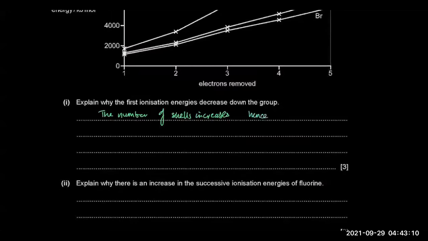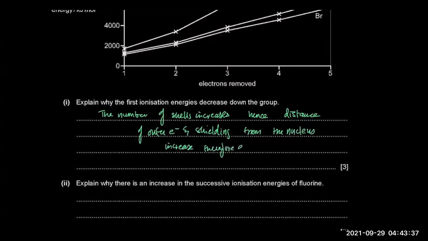Hence the distance of outer electrons and shielding, which is repulsion from inner electrons, increase. Therefore, attraction decreases. Attraction of outer electrons towards the nucleus.